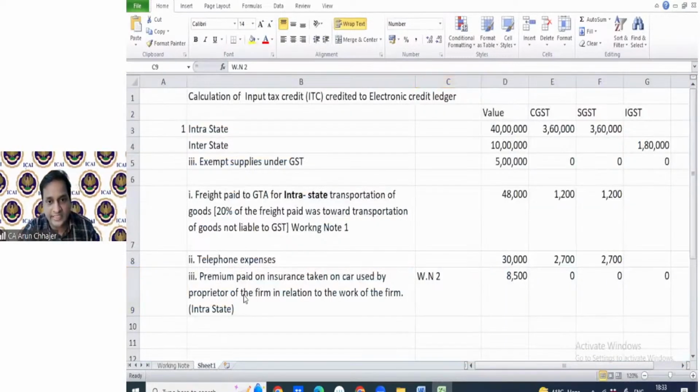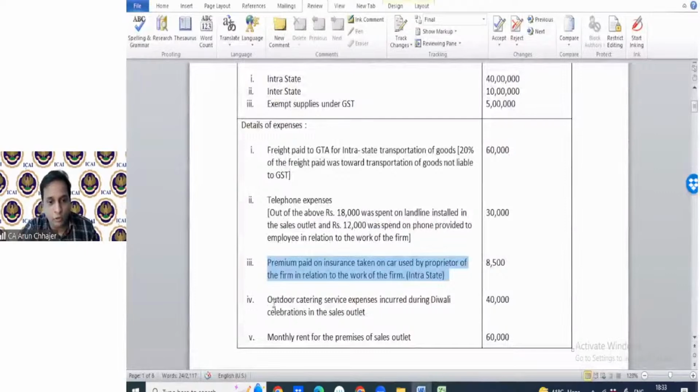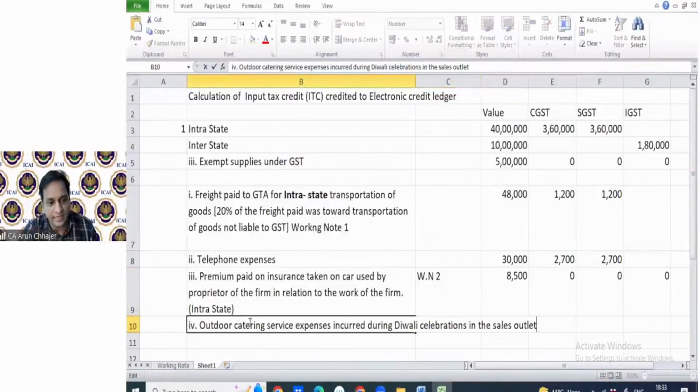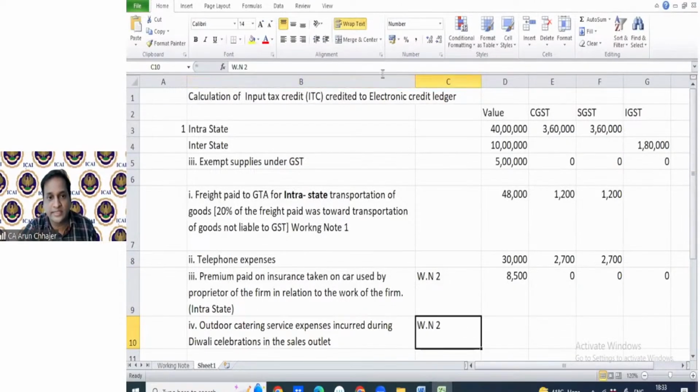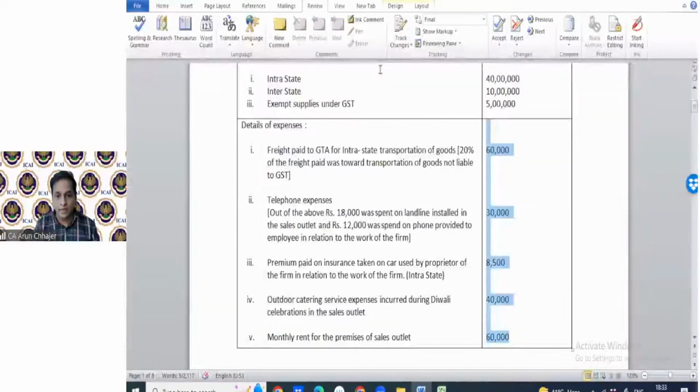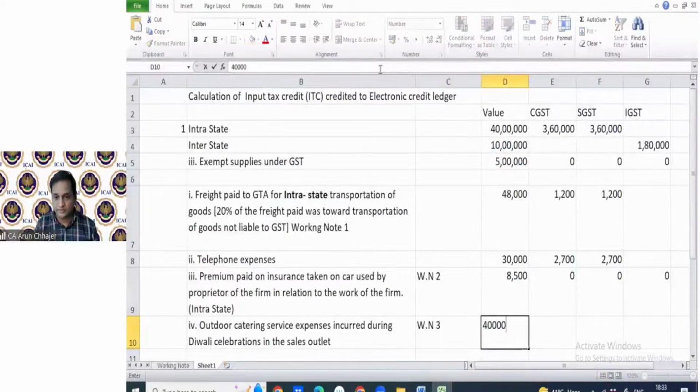Now moving to the next part, outdoor catering. Again, I can simply say that same as above. So here you can say working note number 3, and the amount is 40,000.